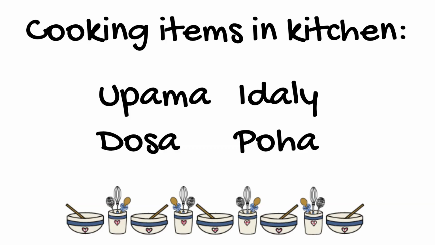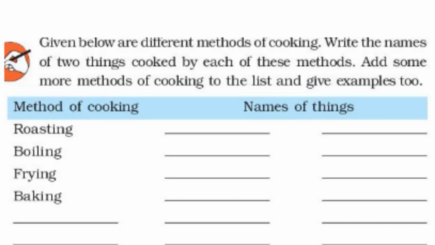We see in the kitchen that there are roasted food items and baked food items. We are going to make a classification. We are going to list which are roasted, which are boiled, which are fried, and which are baked items.